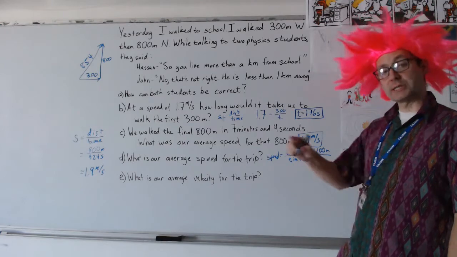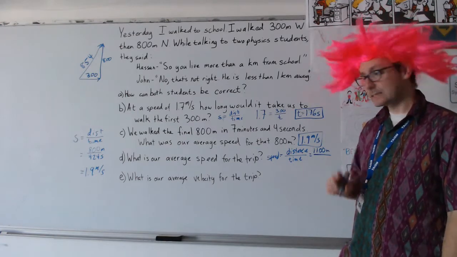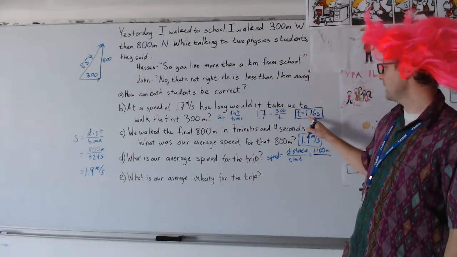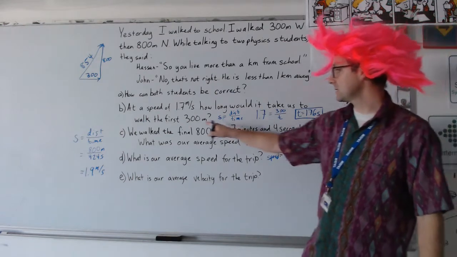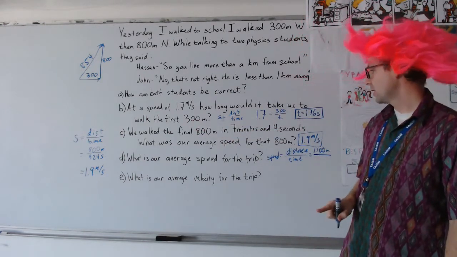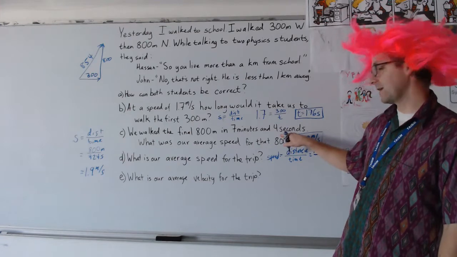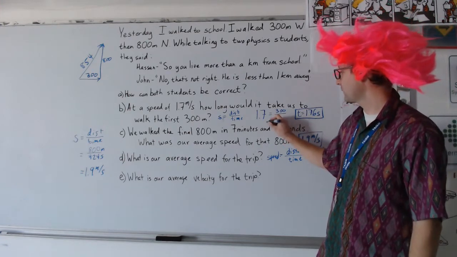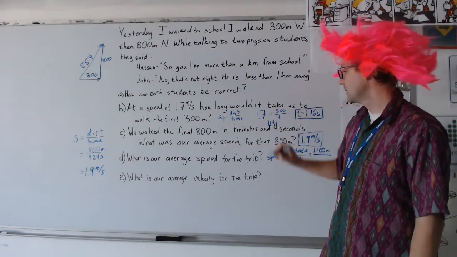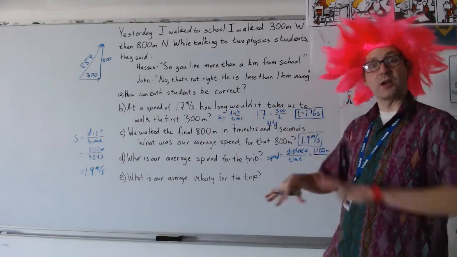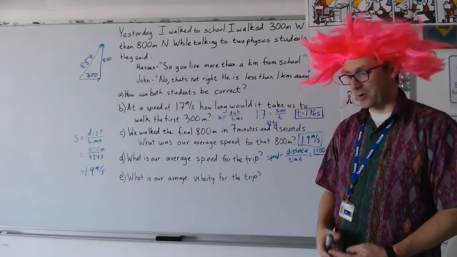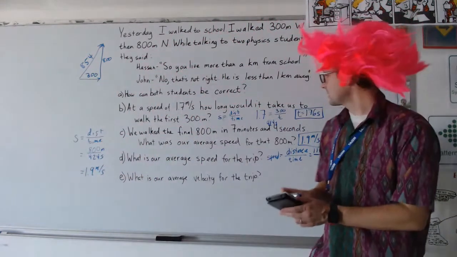Do I know the total time traveling? Yes, because I know it took me 176 seconds to go that 300 meters. And then we talked about before, we had that 7 minutes and 4 seconds. Remember, that was 424 seconds. So I know how much time the whole thing took, right? So I'm going to add those times together.